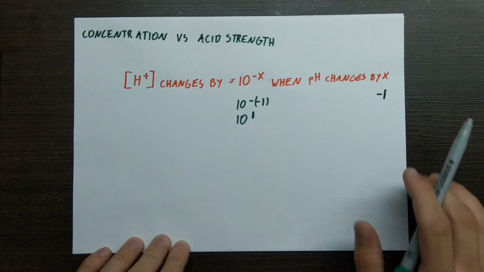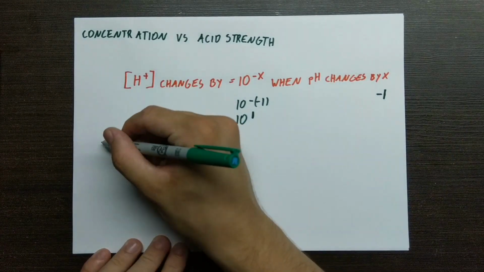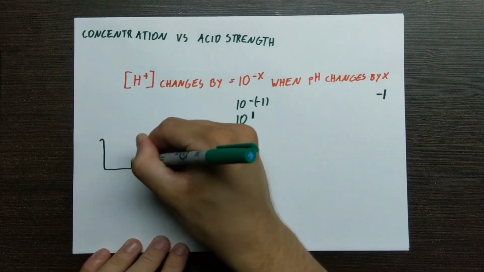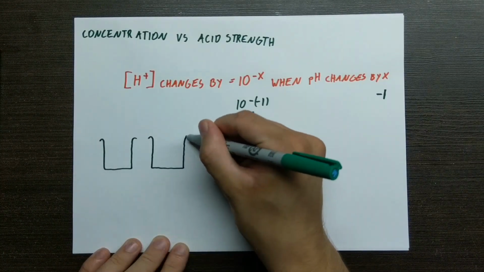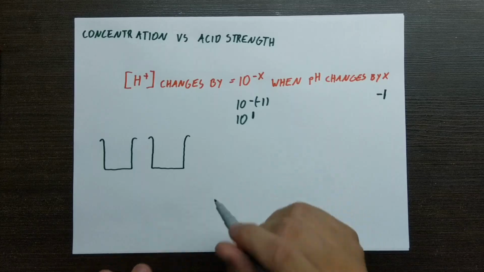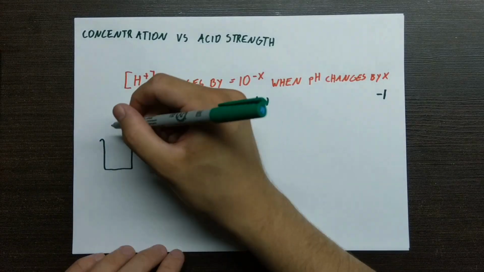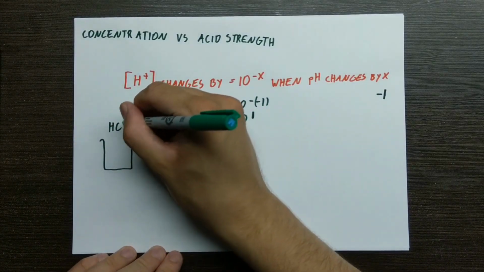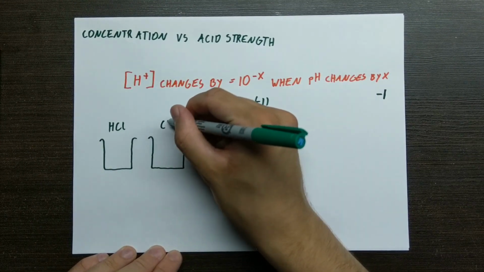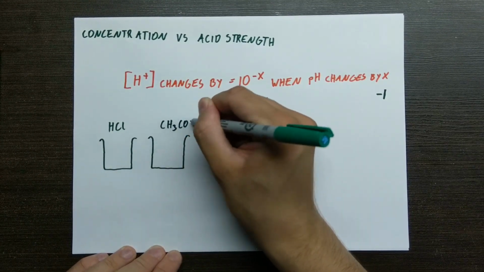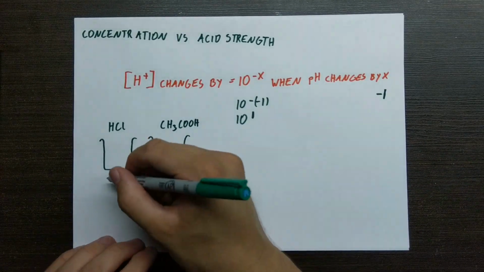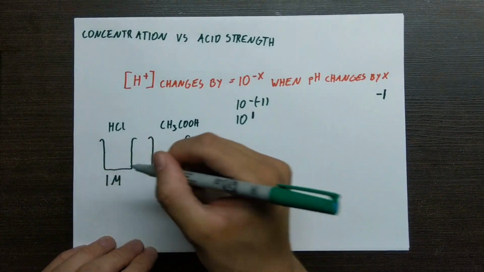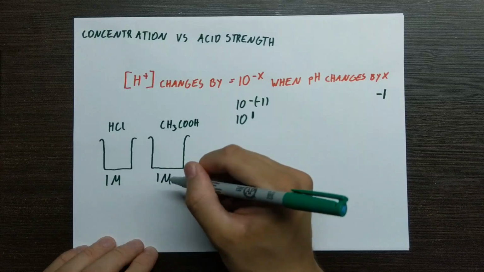So, imagine we have, like I said, 2 cups. Like so. And one of them has HCl with water, and one of them has ethanoic acid with water. Now, however, they are both at the same concentration of 1 molar.